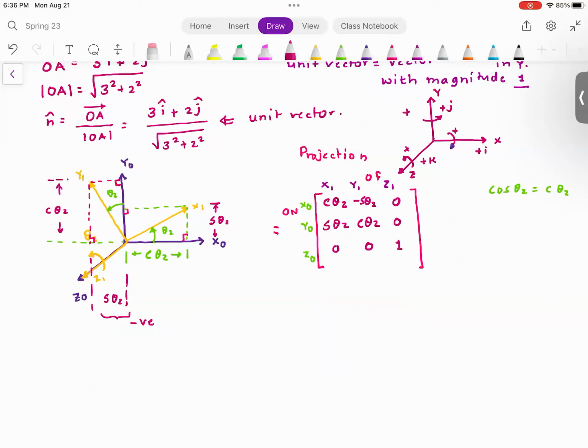Rotation is this. If you want to look at the board, okay, rotate. So this is the initial frame. Now you rotate it.